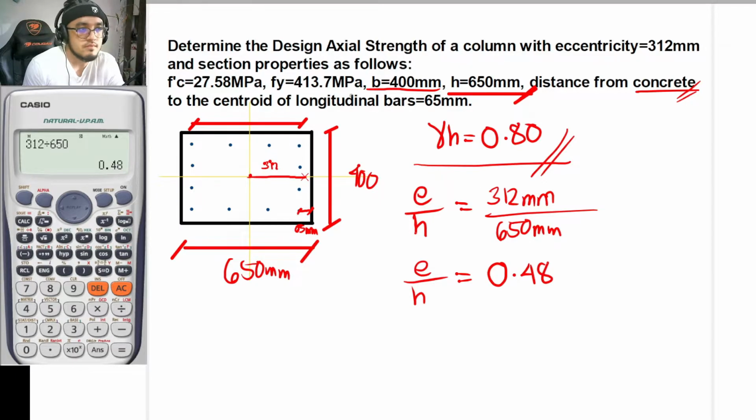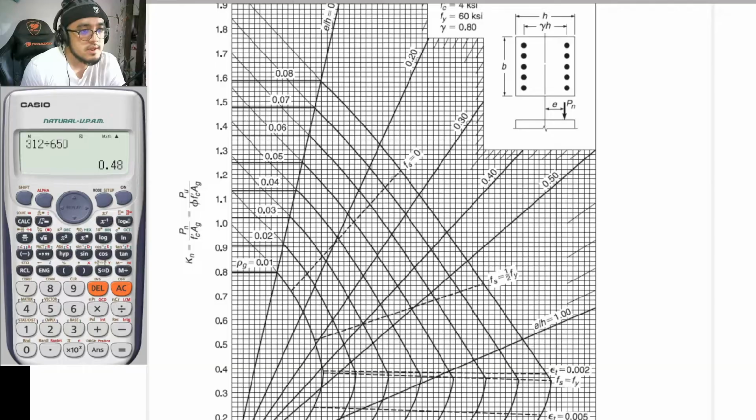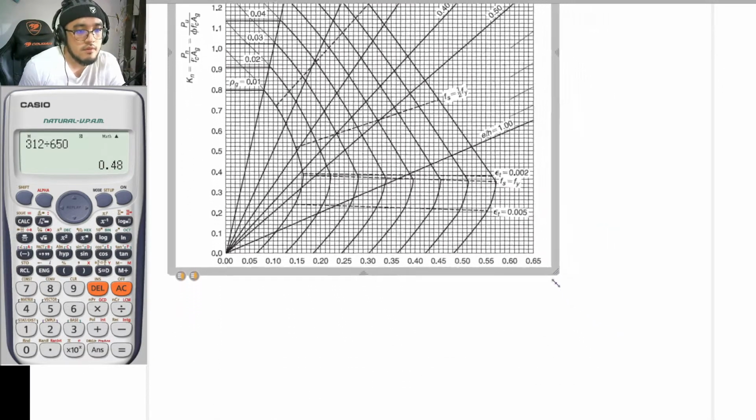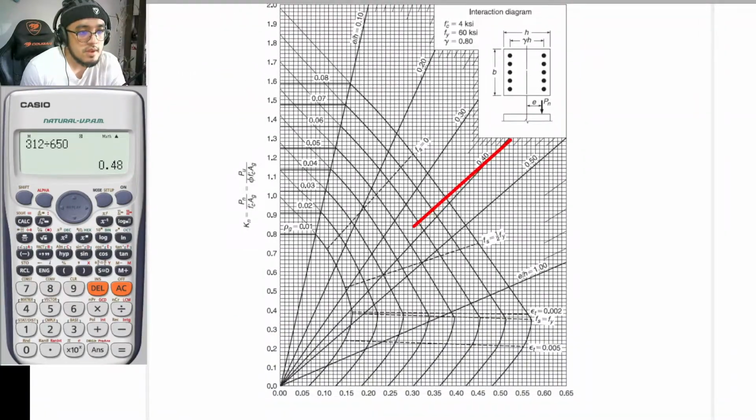0.48. Okay, so with that, guys, if we will be making use of 0.48, this is now to be the line for your 0.4, and this is now to be the line for your 0.5. So 0.48 is to be exactly at this part, guys.